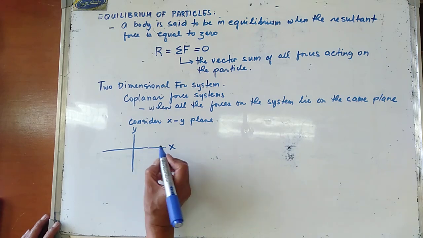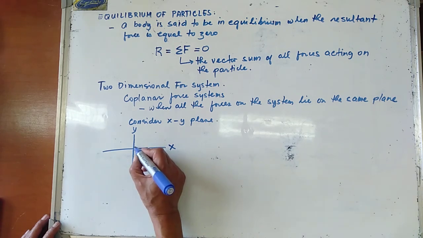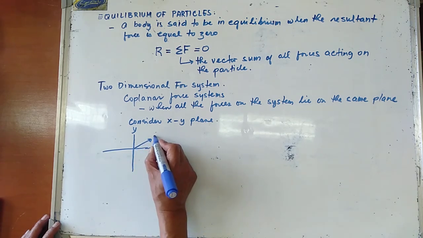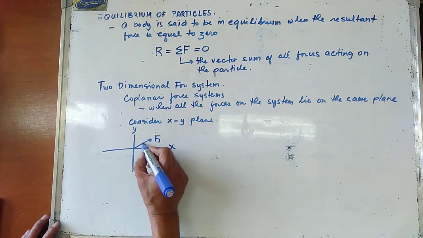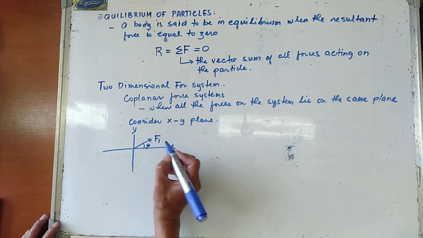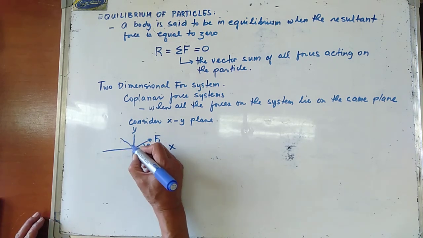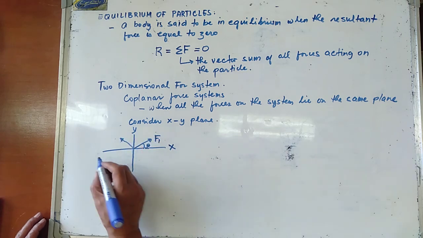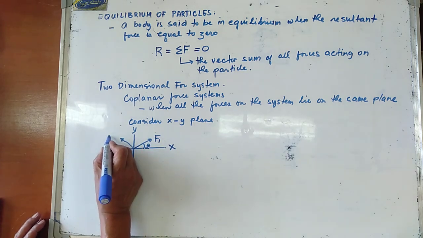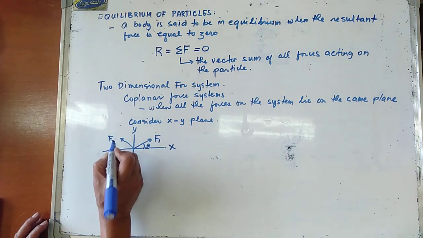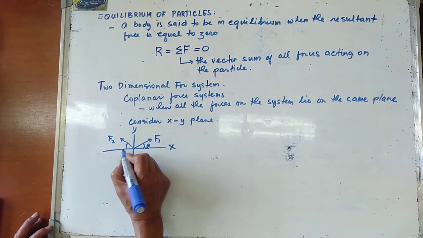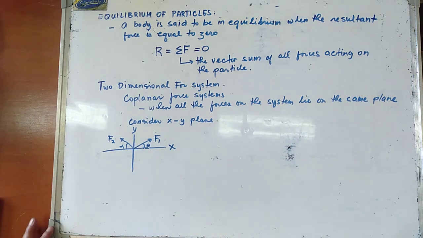Let's consider that this is now your vector F1, making an angle theta with the x-axis. We now have another vector, your force F2, which makes an angle of alpha with the x-axis.